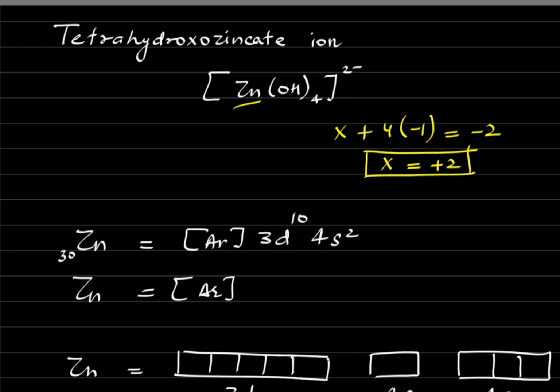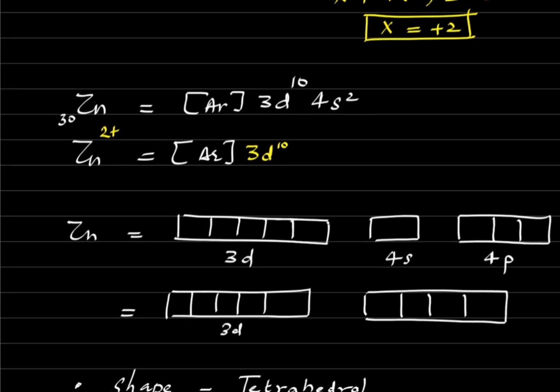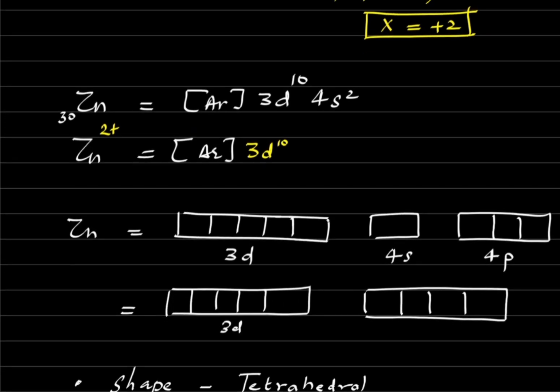Now, zinc, atomic number 30, has configuration argon 3d10 4s2. Zinc 2+ would have configuration argon 3d10. Now, 3d10 means that the 3d orbital is completely filled like this.